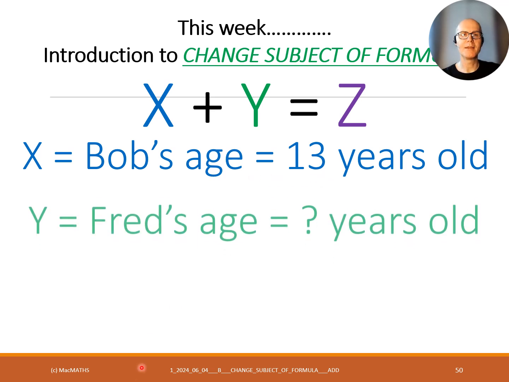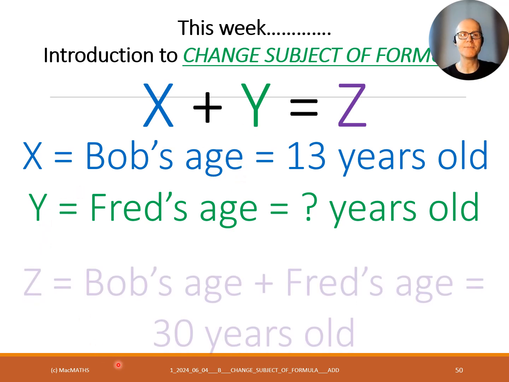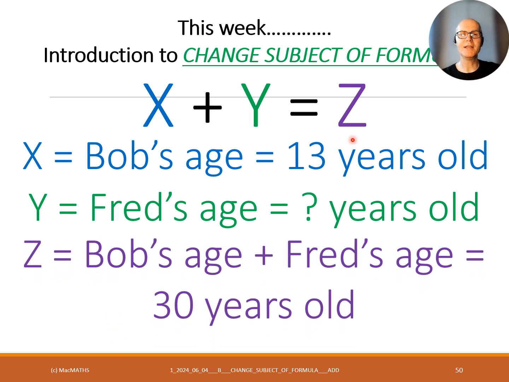We're being asked to work out what Fred's age is, so we'll put the variable y down for Fred's age. And we're given z being the cumulative age of Bob and Fred, and we're told that that is 30 years old.